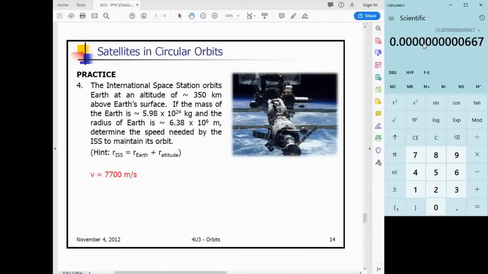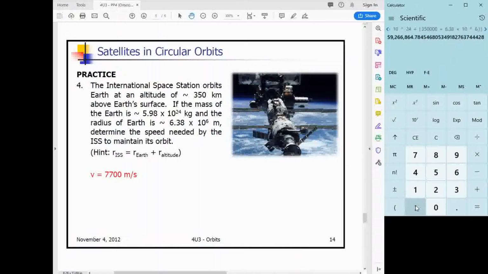G times the mass of our massive body, which is the Earth, 5.98 times 10 to the power of 24, divided by our radius, and I'm going to add another bracket here because our radius is going to be 350 kilometers plus 6.38 times 10 to the power of 6.